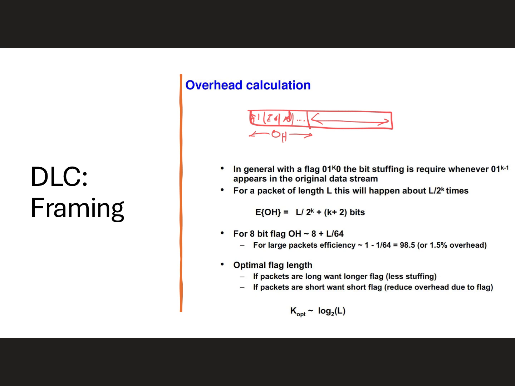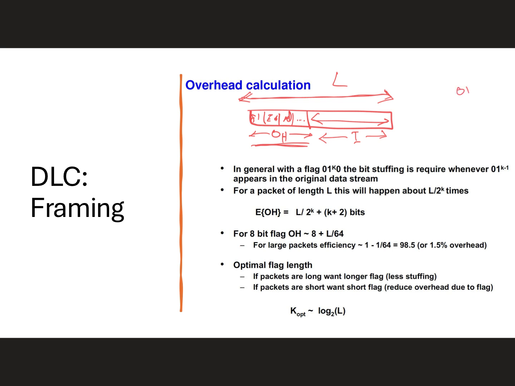And the other part is the information bits. So let's call this I, and the overall length of the packet containing both of them is L. So the overhead is the total number of bits contained here. The useful information is the total number of bits here. And L is the total number of bits in the whole frame or the whole packet from start to end, including everything, right?